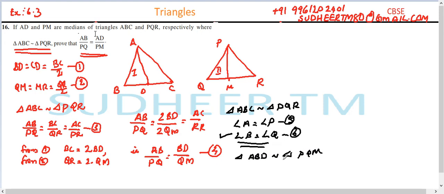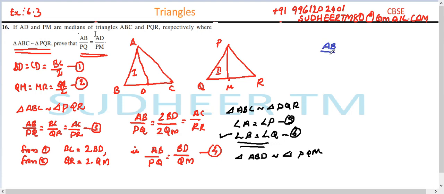Understood? So we have used results 4 and 6 to prove triangle 1 is similar to triangle 2. Then by the similarity property, if two triangles are similar, corresponding sides are in similar ratio.